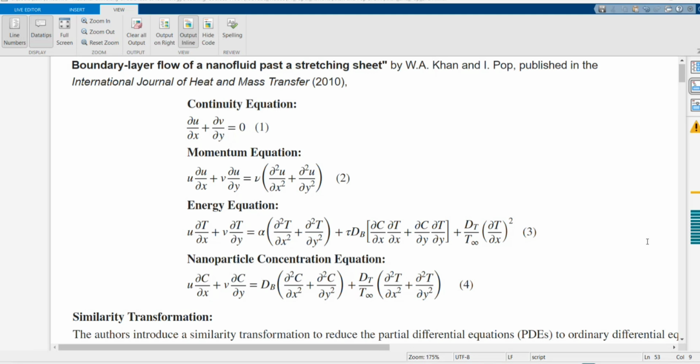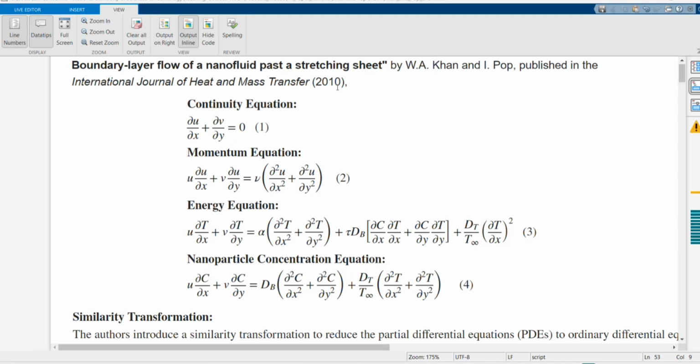In this video, we will solve the paper by Khan and Pop, which is a good paper, published in 2010. It is an old paper, but a very good paper to learn new things.